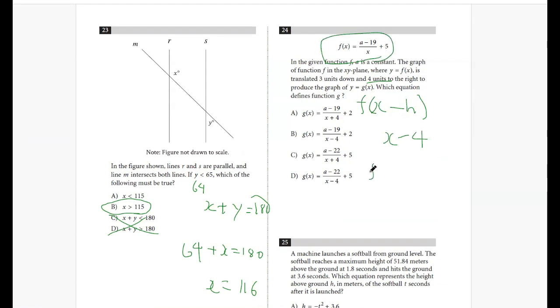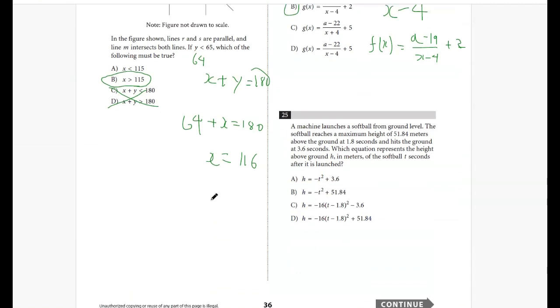So it becomes a minus 19 over x minus 4 plus 2, because 5 minus 3 is 2. So we can tell that B is the correct answer.